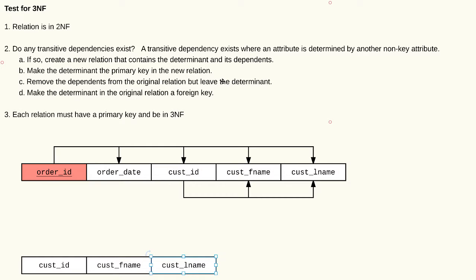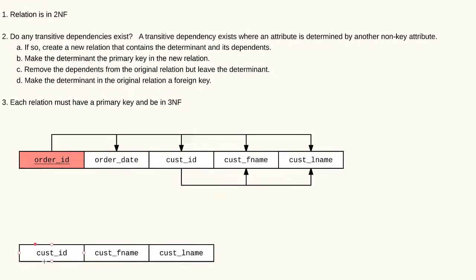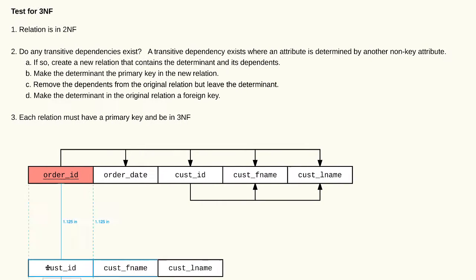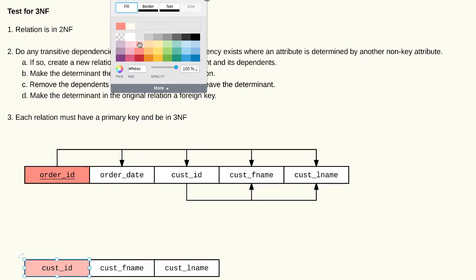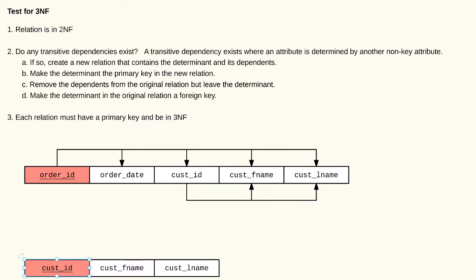Okay, so in my new relation down here, this cust ID, it says to make the determinant the primary key in the new relation. So this guy needs to be made that pinkish color, and then the text needs to be underlined.